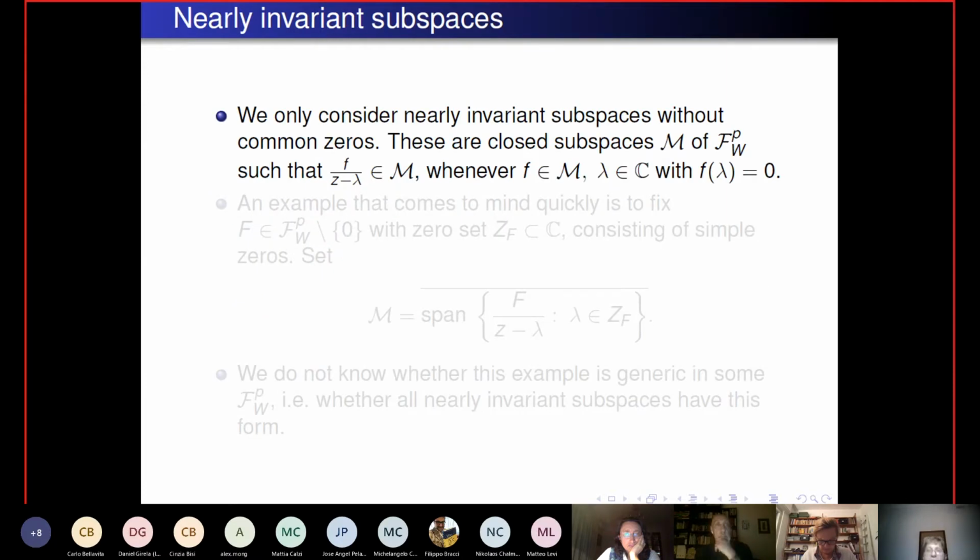Let me go to nearly invariant subspaces. Of course, this is a more complicated structure, and there are many more of them.